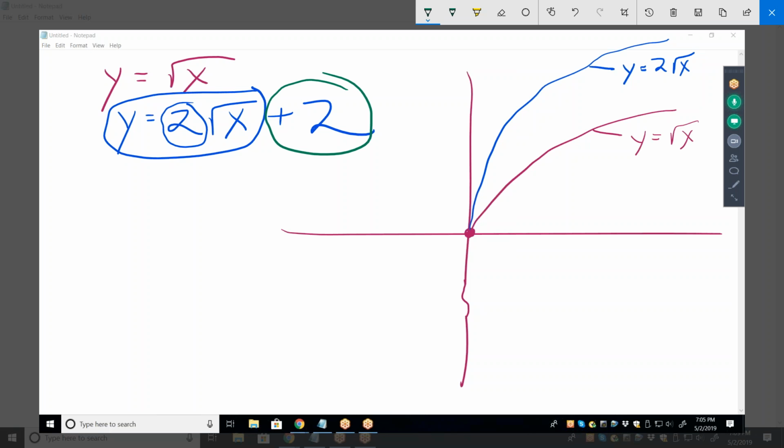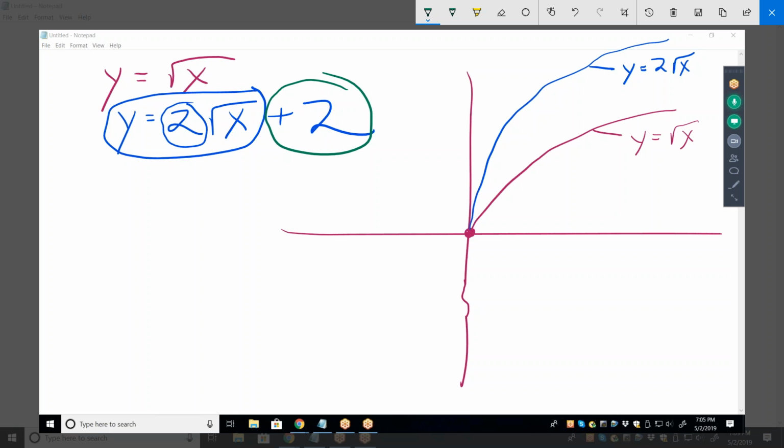Now, the only thing left is to consider that. You remember what that is? Let me give you some multiple choice. That is a horizontal shift or a vertical shift? A vertical shift. Vertical shift. So what that means is it doesn't do anything to the shape of my curve.